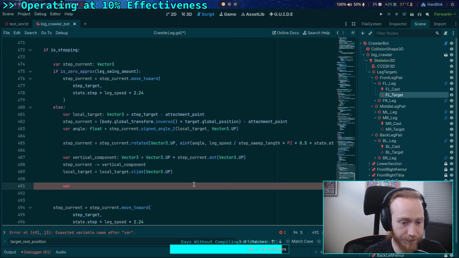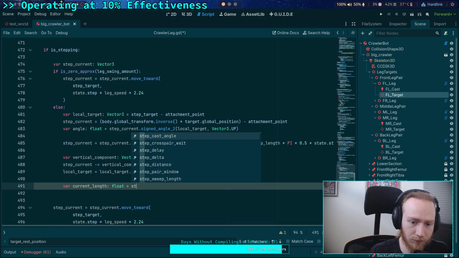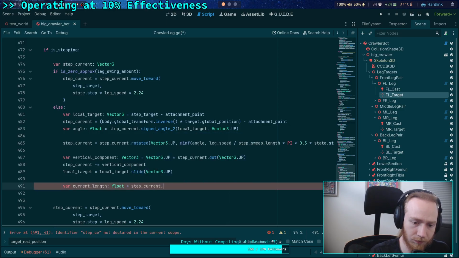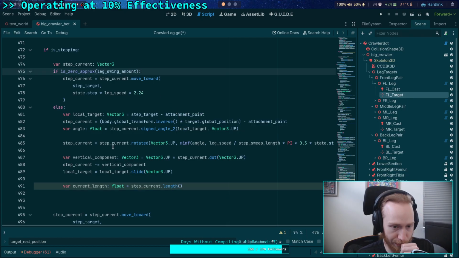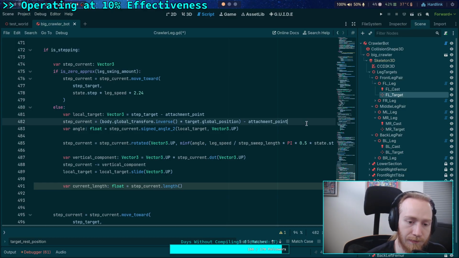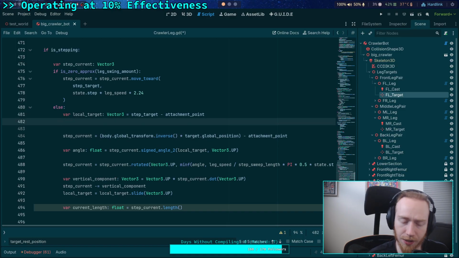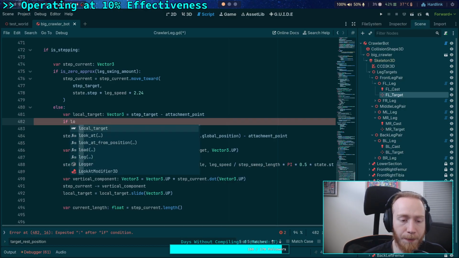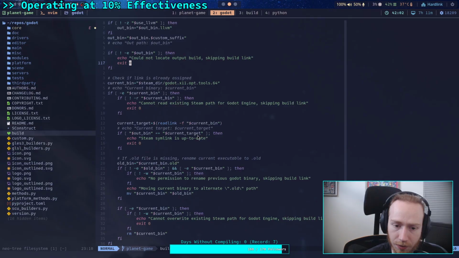I don't know if there's a way to do that. I think if either of these two vectors are nearly 0, what does this do if they're close to 0?